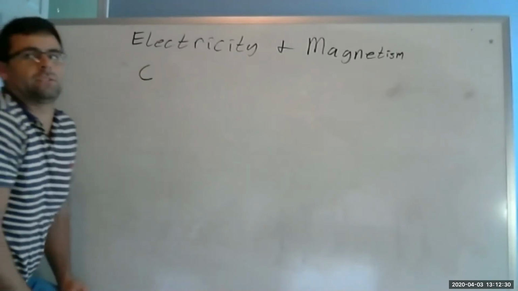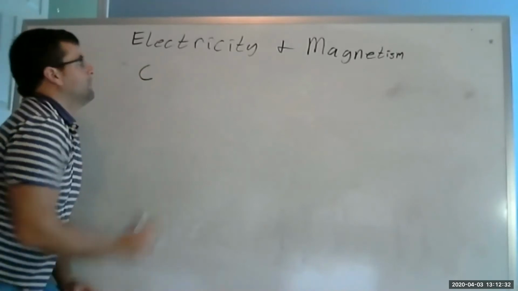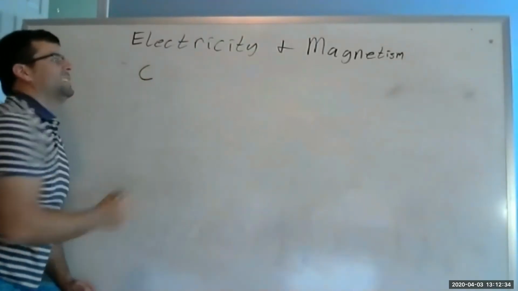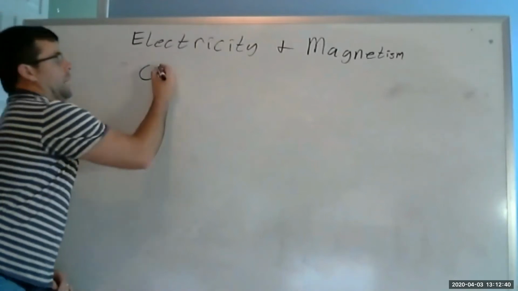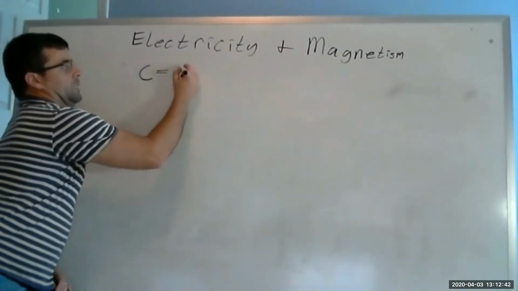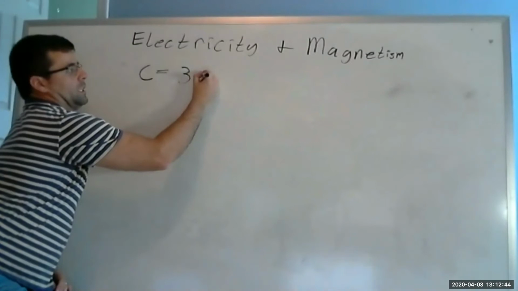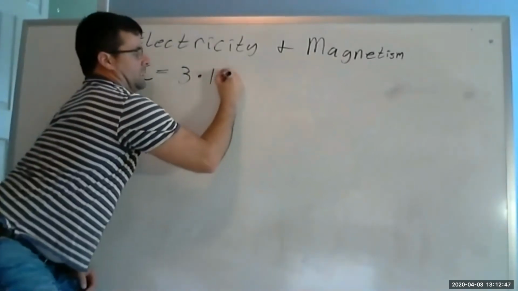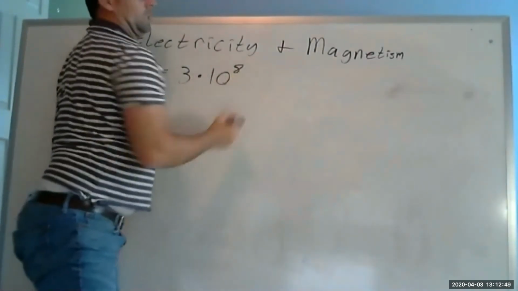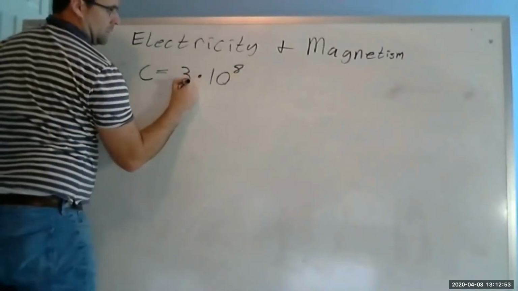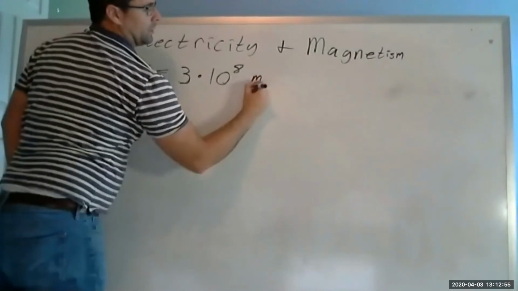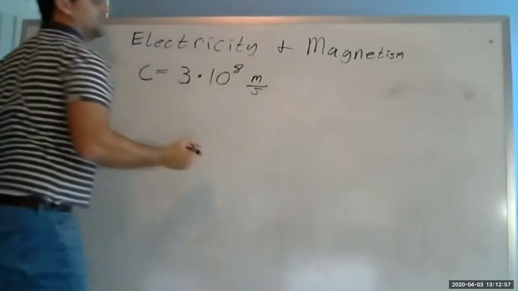UV stands for ultraviolet, but this special property we call c. And it is 3 times 10 to the 8th meters per second.